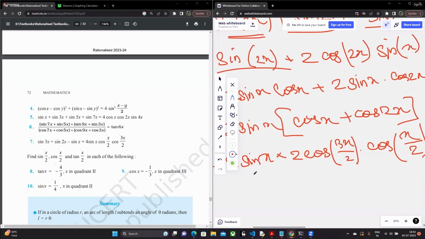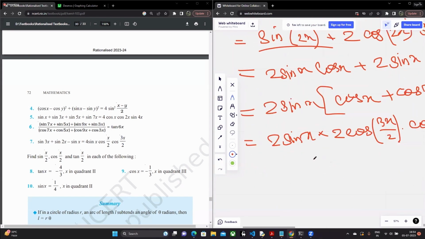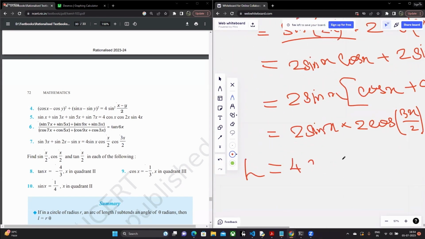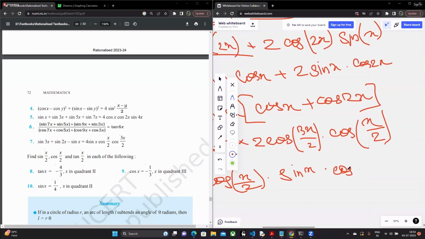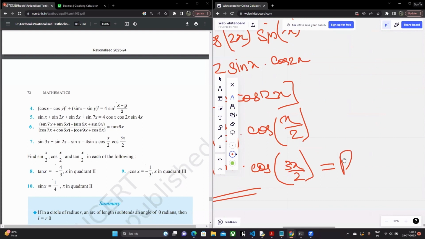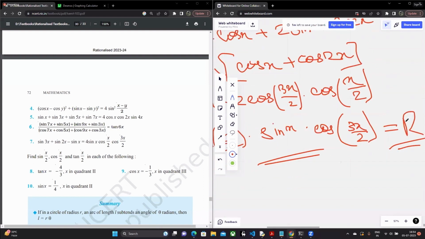Therefore, I can write L is equal to 4 into cos x by 2 into sin x into cos of 3x by 2, which is equal to R. In increasing order of the parameters, x by 2, x and 3x.